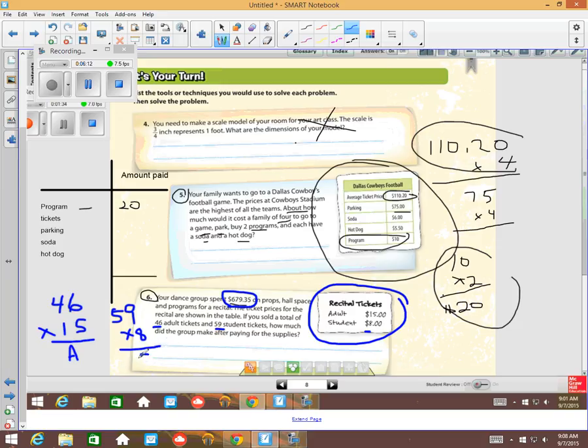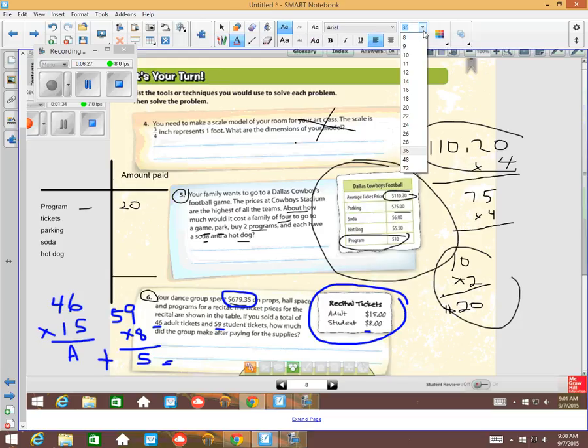So I'm just going to put an S there. So what you're going to do, you're going to add those two numbers together to see exactly how much was earned during the recital.